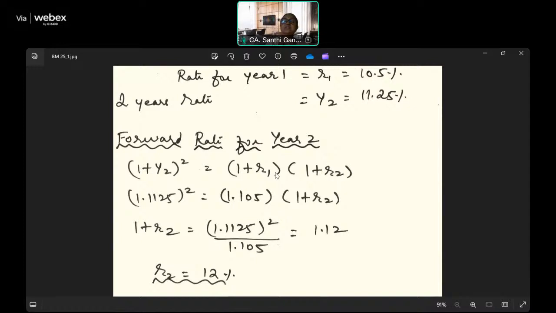We denote the 1 year rate for the first year as R1, the 1 year rate for the second year as R2, and the 2 years rate now as Y2. So (1 + Y2)^2 is equal to (1 + R1) × (1 + R2). Substitute the figures, get R2.